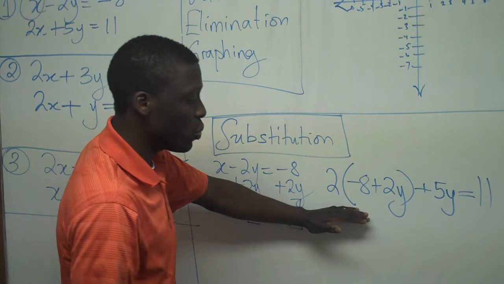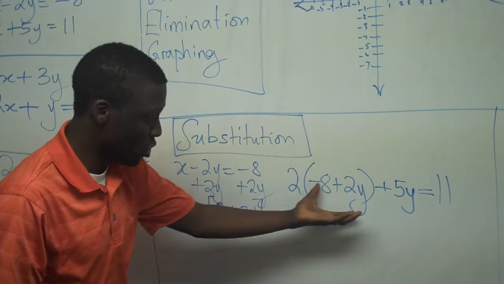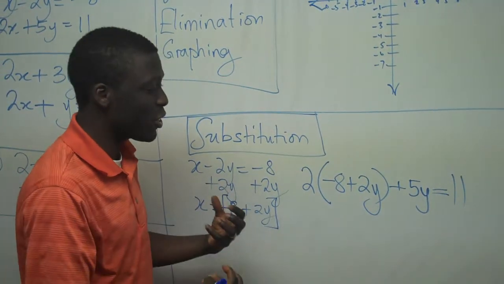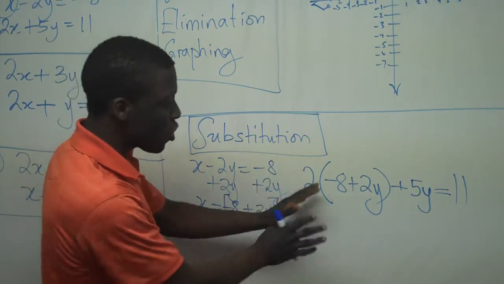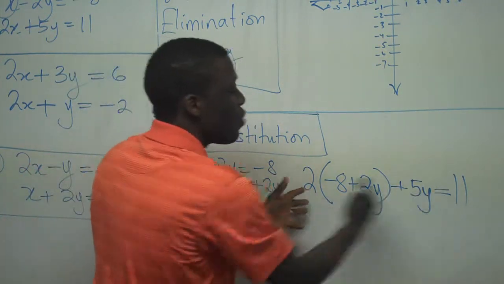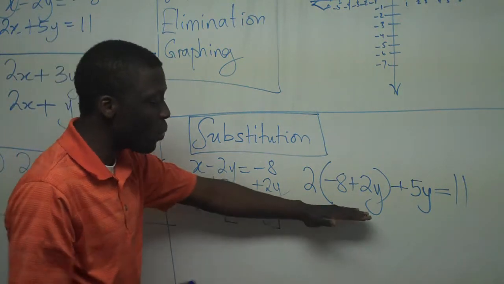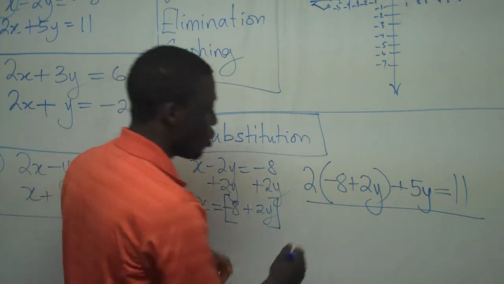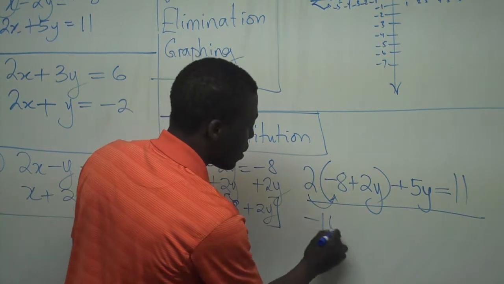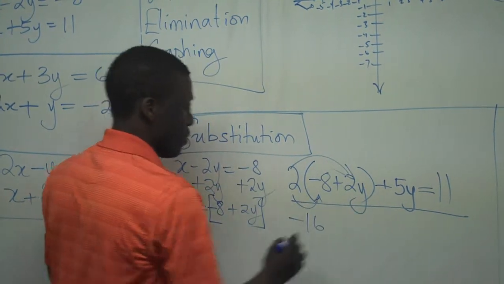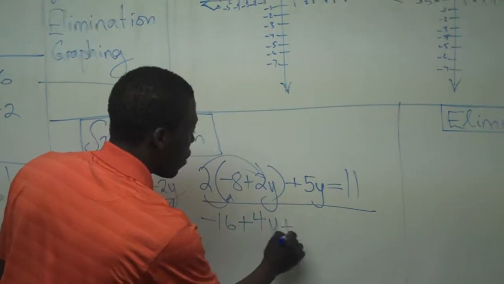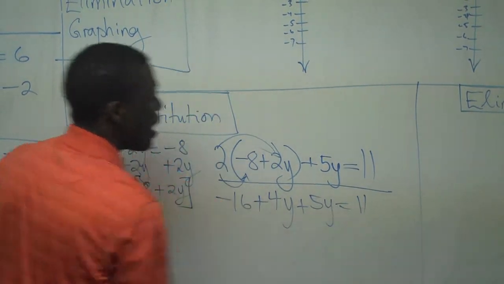All you have to do at this point is use the distributive property, add your like terms, and solve for y. Notice that we don't have two variables now. In the original equations, we had x and y. Now we only have y. So we distribute: negative 16, and then plus 4y plus 5y is equal to 11.